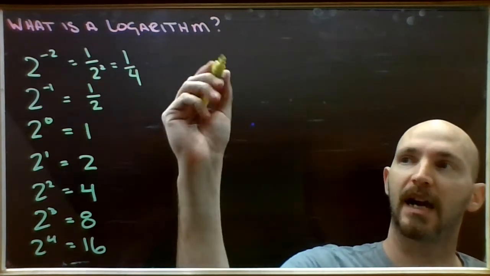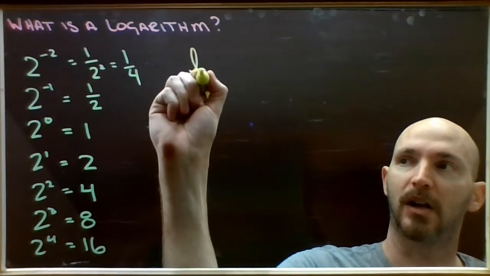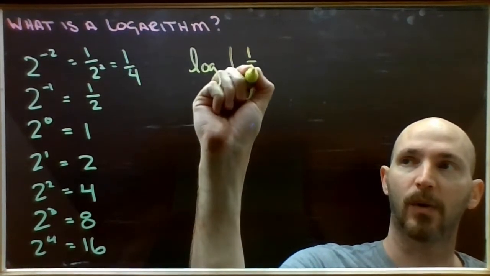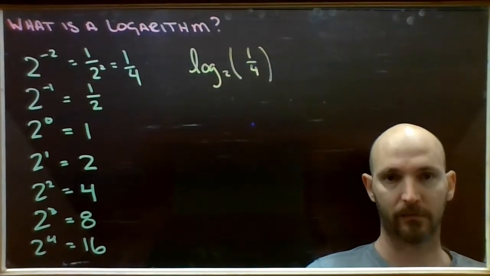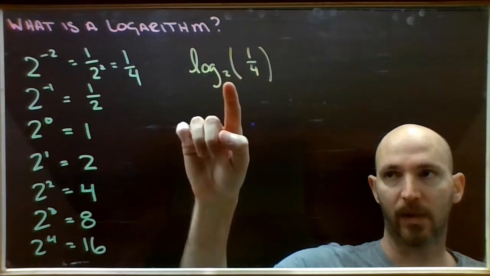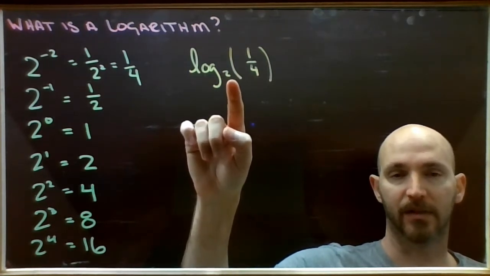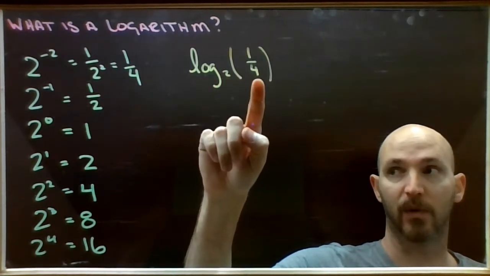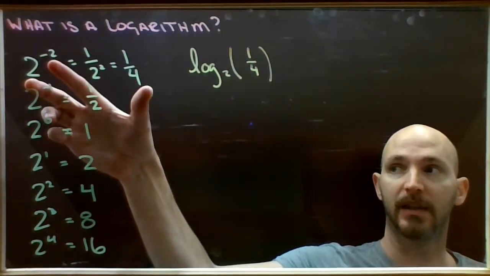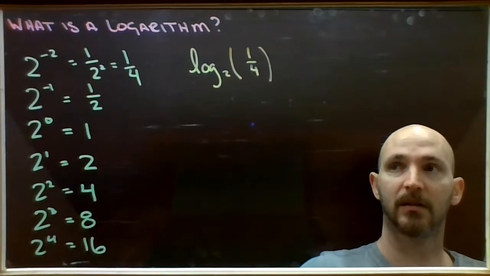So if I were to ask you what the log base 2 of 1/4 was, it's asking what exponent would I have to put on a 2 to get 1/4. So see how these base 2 and 1/4, this is the number that's missing.